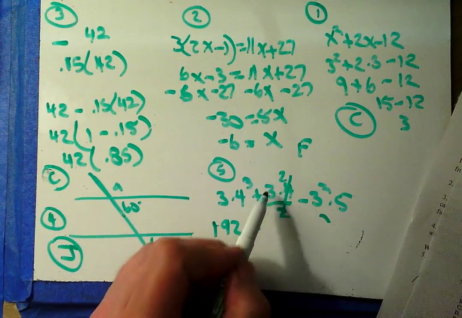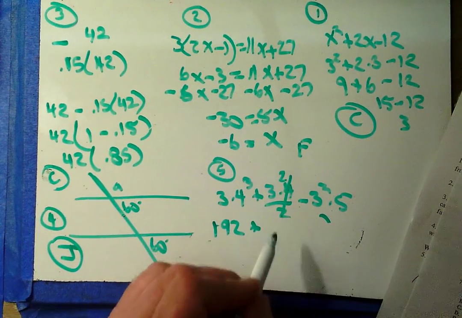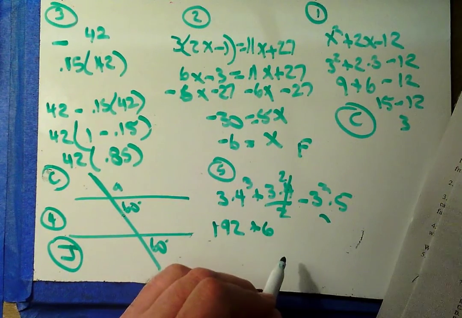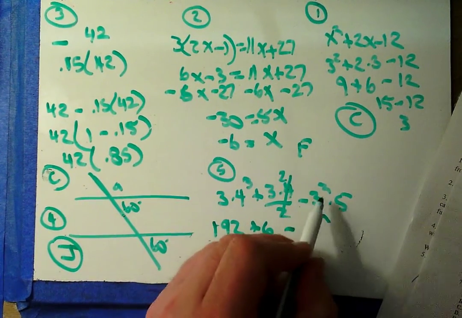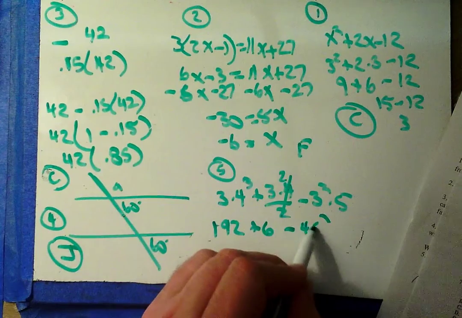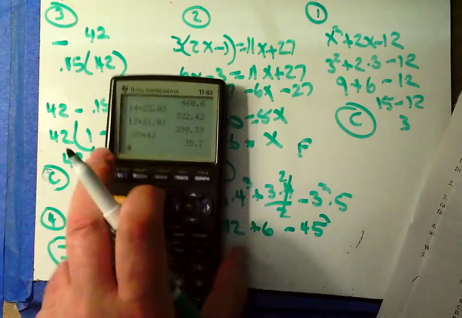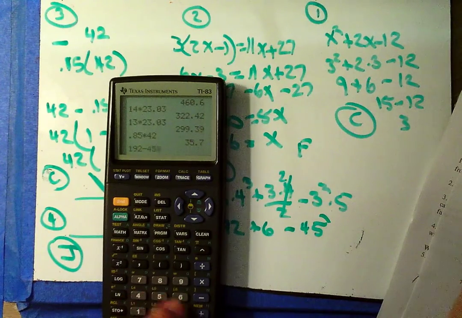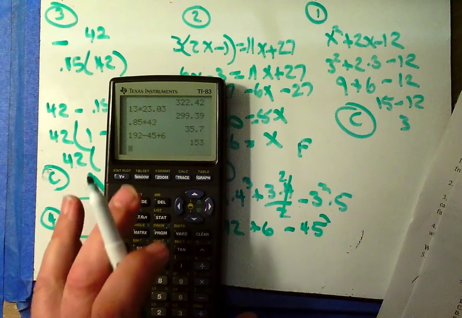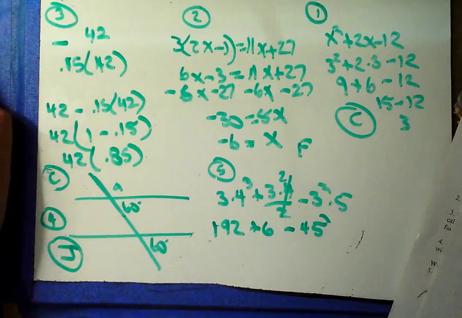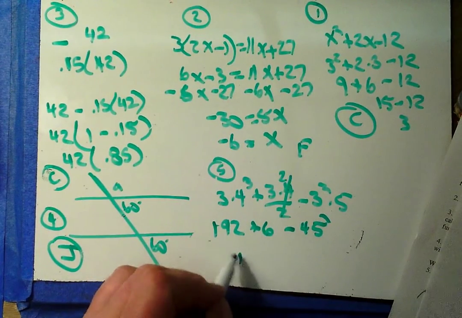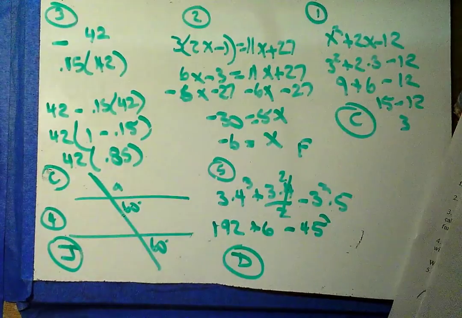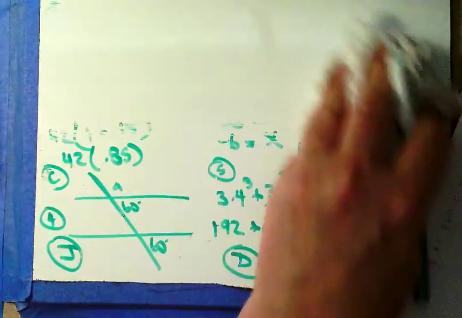We have 4 times 3, which is 12, divided by 2, which is 6. And we have 9 times 5, which is 45. 192 minus 45 plus 6, and I get 153 when I do it properly and carefully, and that's choice D. See, there's a reason to go slow and show your work.